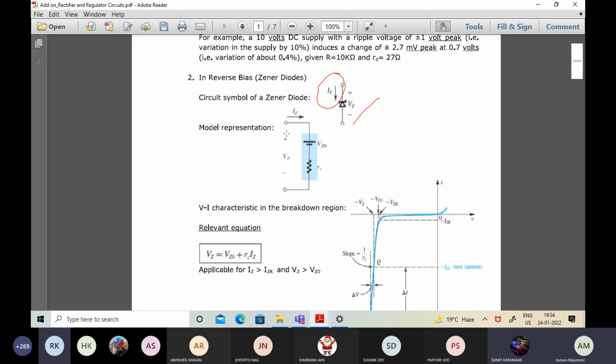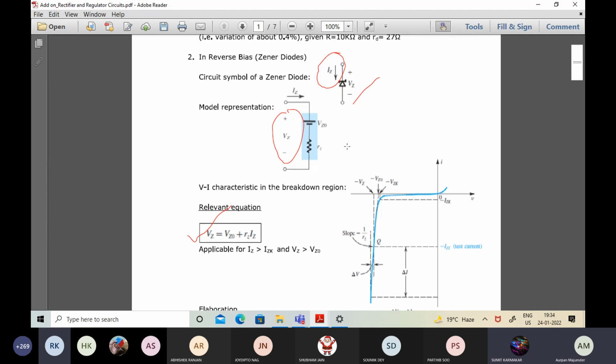This VZ is effectively equal to VZ naught plus RZ into IZ. Now I'm talking about this small RZ factor. This RZ is the incremental resistance in the reverse biased operation, obviously when the Zener diode has crossed its breakdown potential and quantum mechanical tunneling of electrons has become effective.